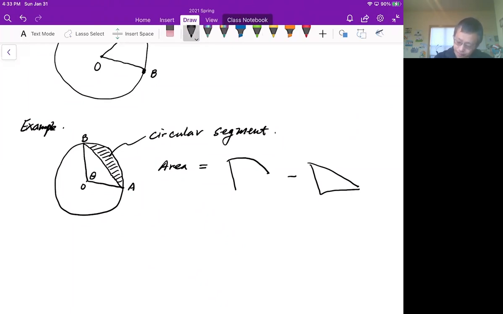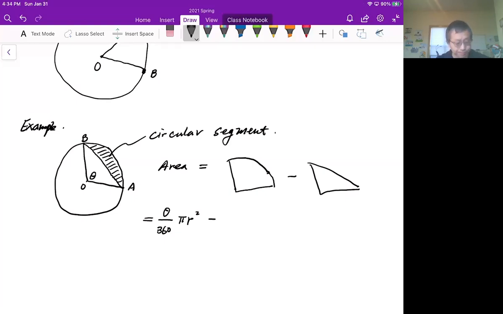So what's the area of the sector? The area of the whole circle is pi r square, and then we take a portion. The portion will be theta divided by 360, because the whole thing is 360 degrees, and your angle, in terms of degree measure, let's say is theta. So that is the area of the sector, and then minus the area of the triangle.